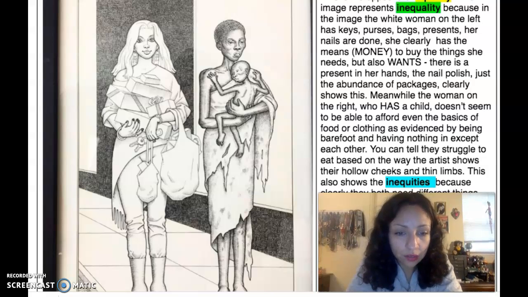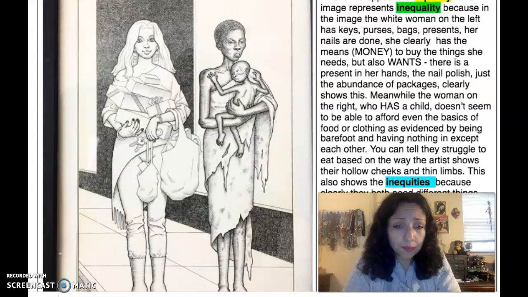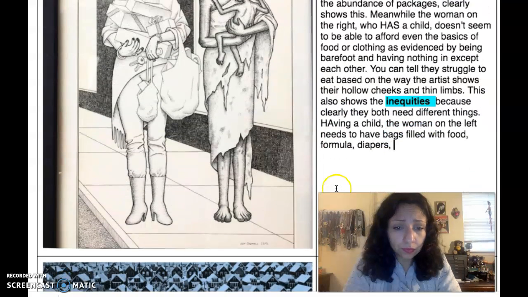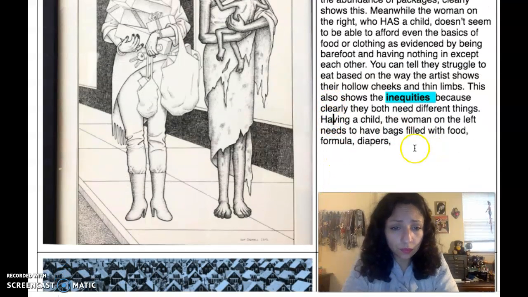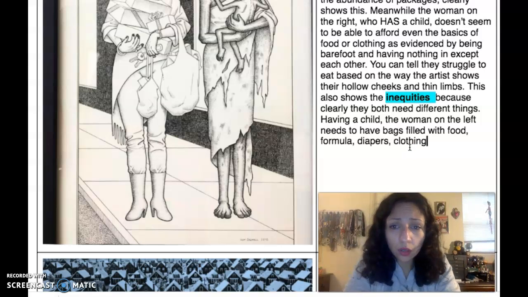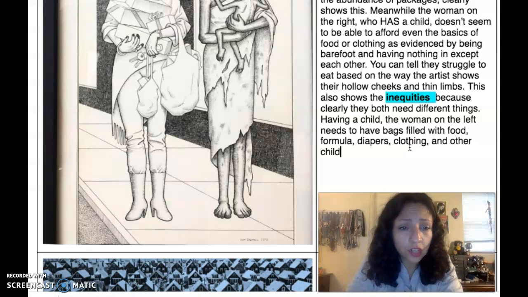Having a child, the woman on the left needs to have bags filled with food, formula, diapers, clothing, and other child care necessities, but doesn't.